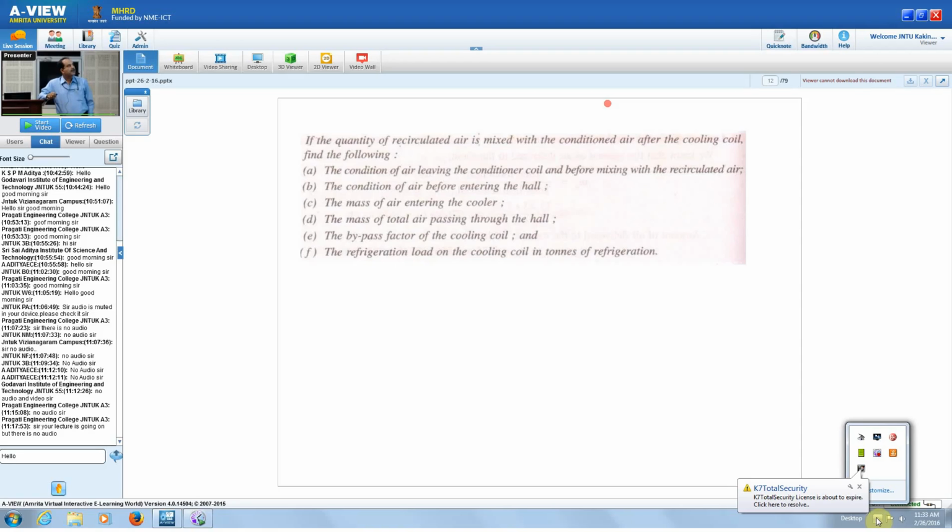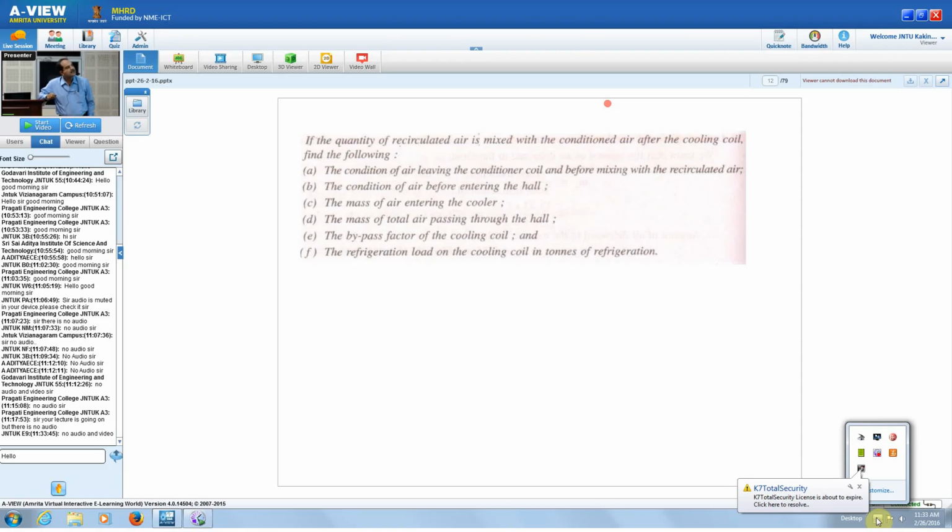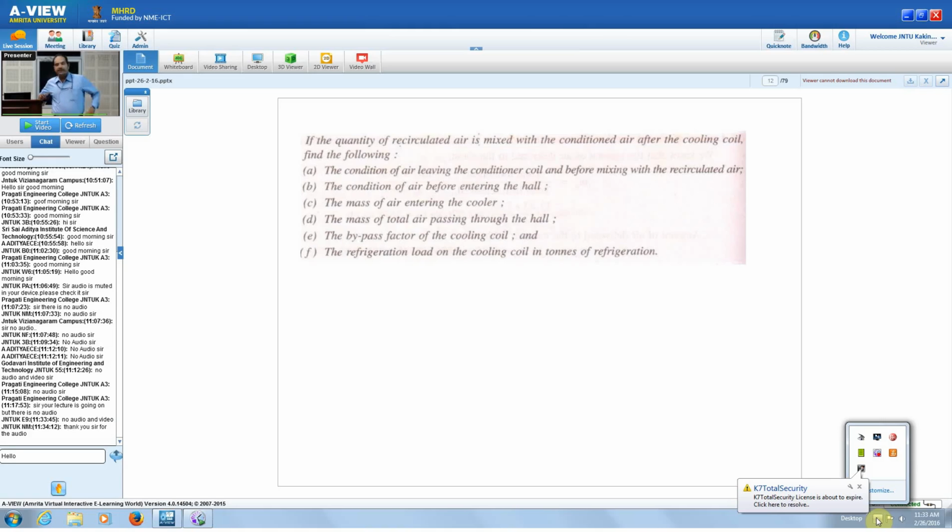Find the following: the condition of air leaving the cooling coil before mixing with the recirculated air, the condition of air before entering the hall, the mass of air entering the cooler, the mass of total air passing through the hall, the bypass factor of the cooling coil, and the refrigeration load on the cooling coil in terms of refrigeration, that is TR. That is the problem.